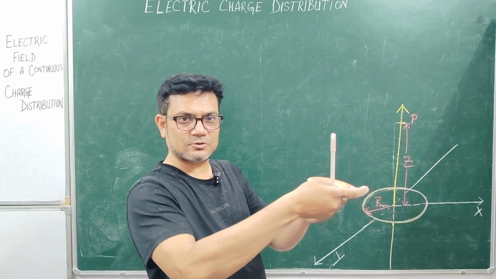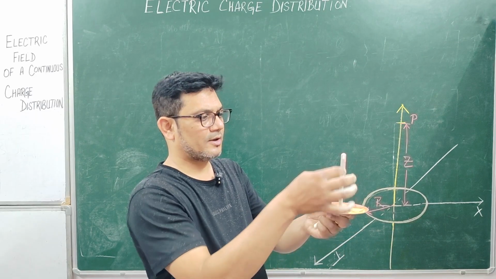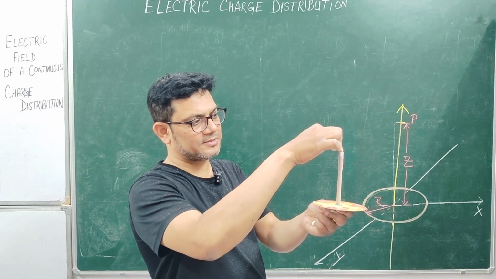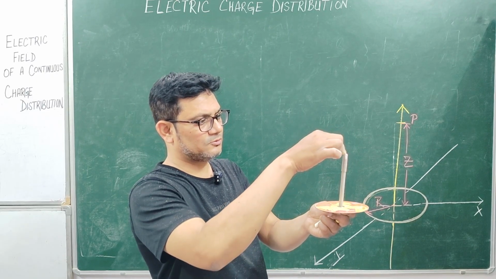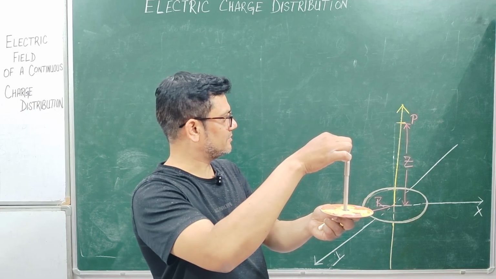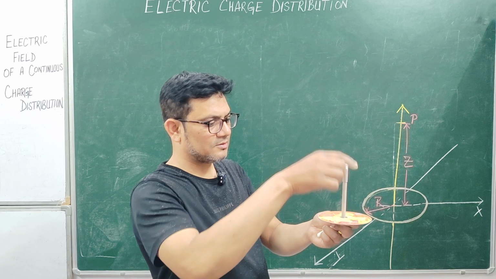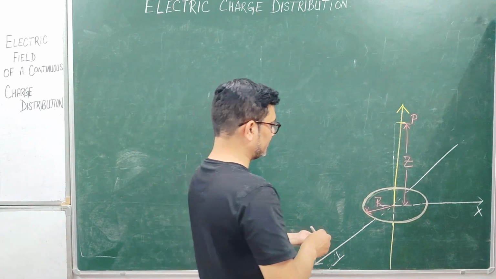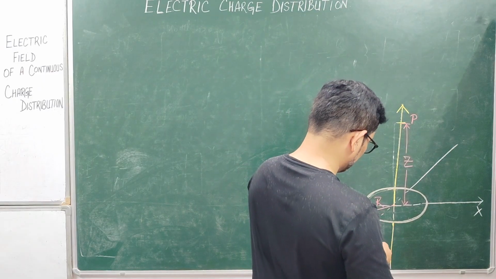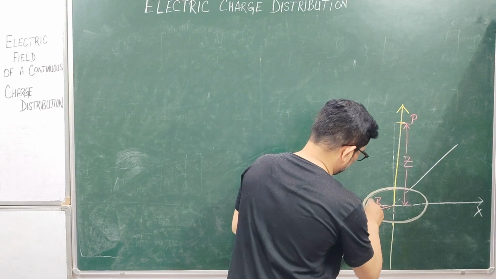So this is placed on the xy plane, which is lying on a floor, suppose, and we are interested to find at z point from the center, from the origin to this point P, which is at z distance. At this point, because of this charged ring, what is the net electric field at point P? We'll try to use calculus to figure out what is the net electric field.